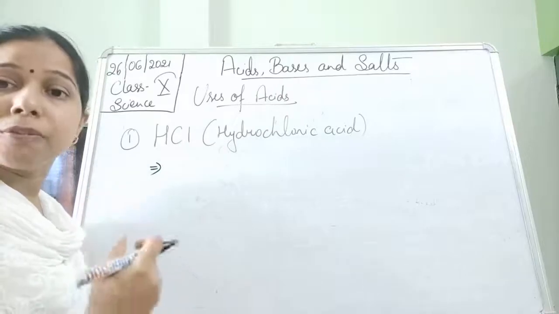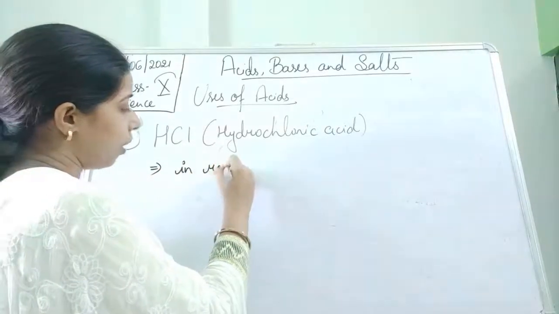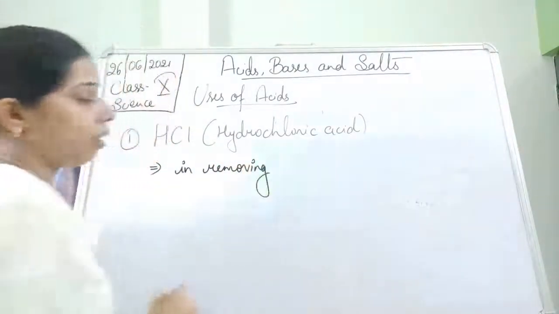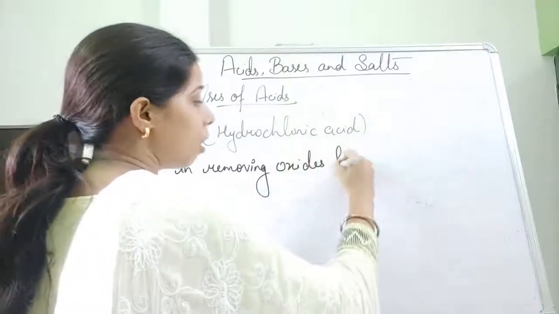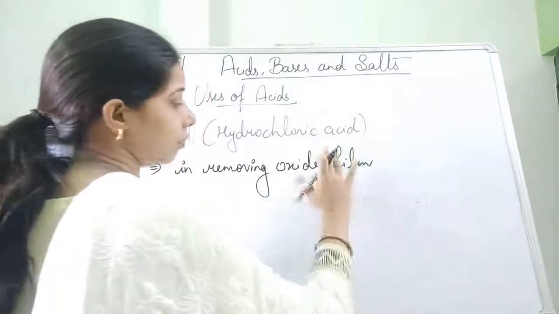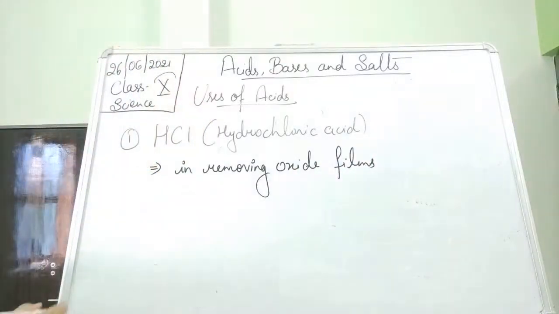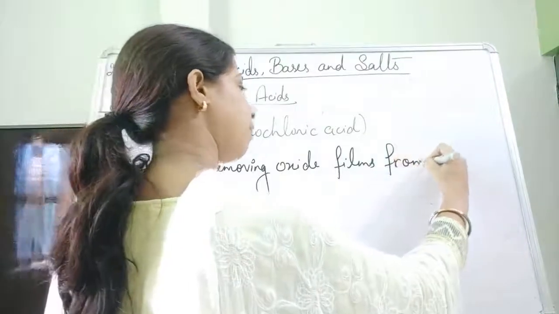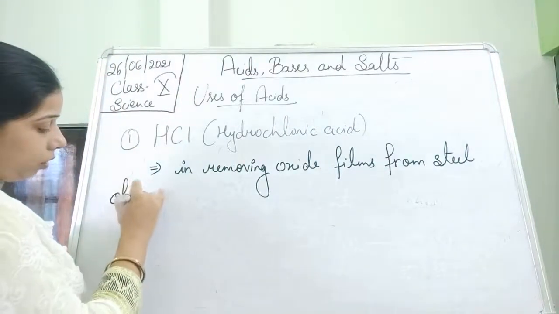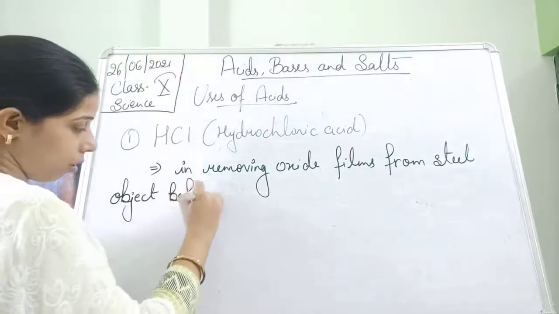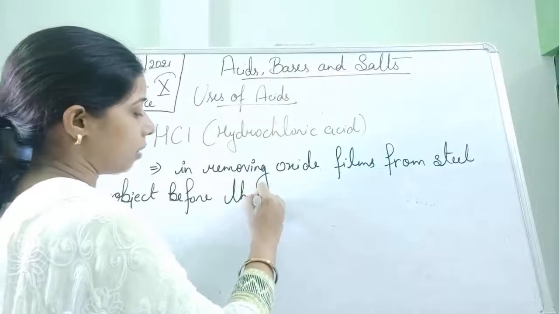from the steel before they are galvanized. So it is used in removing oxide films. Oxide film means oxide layer. Oxide films from steel objects before they are galvanized.